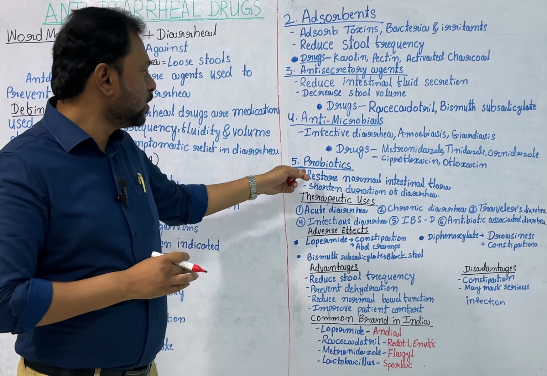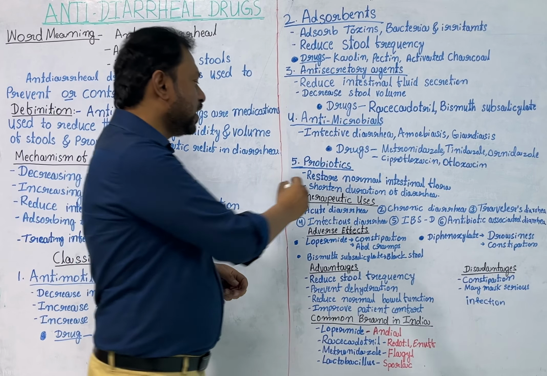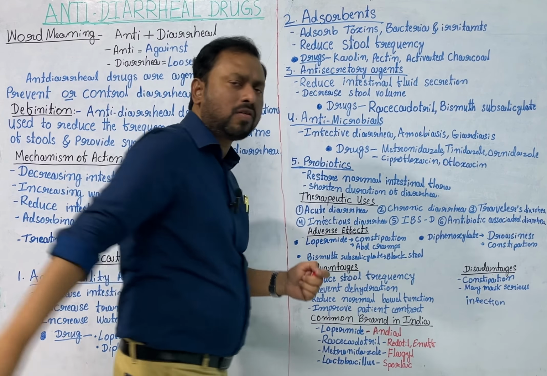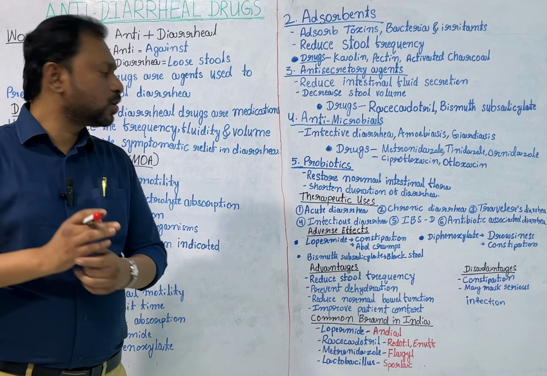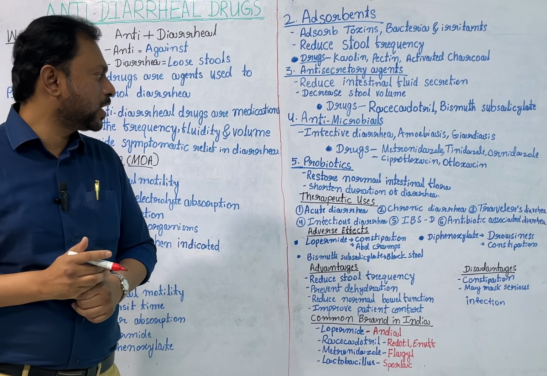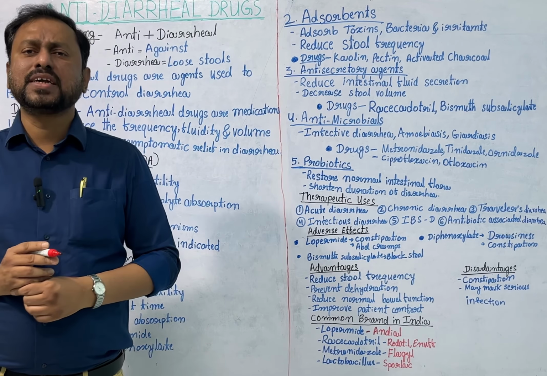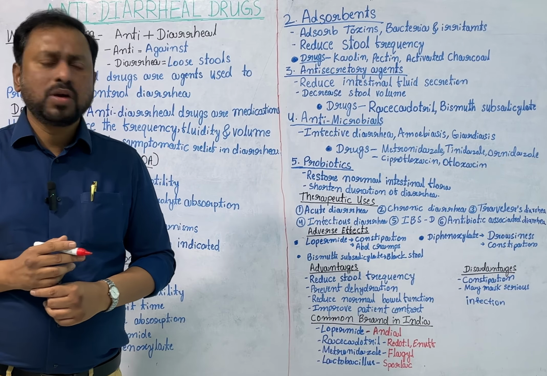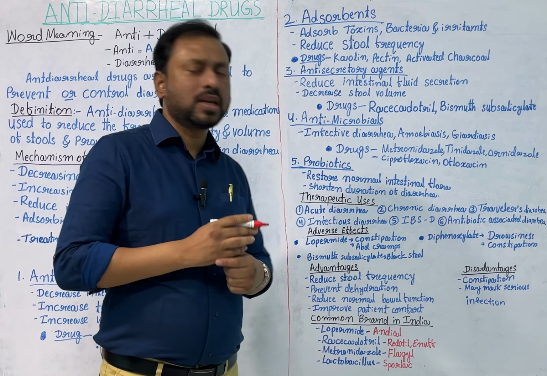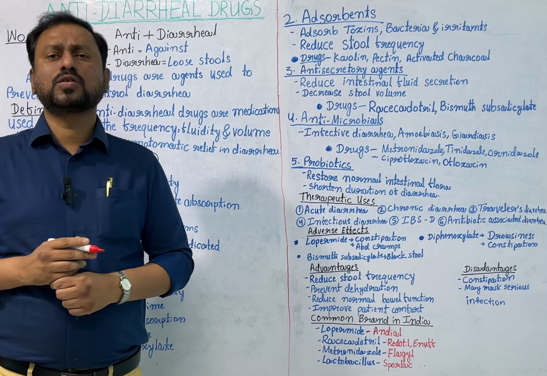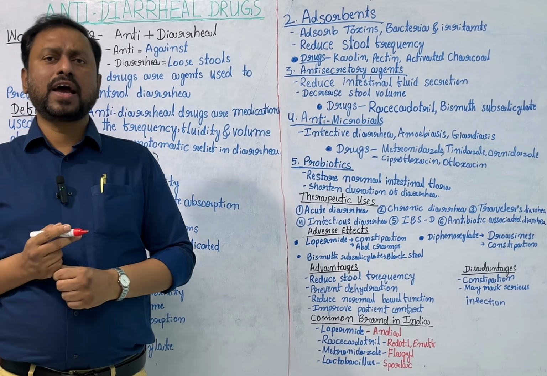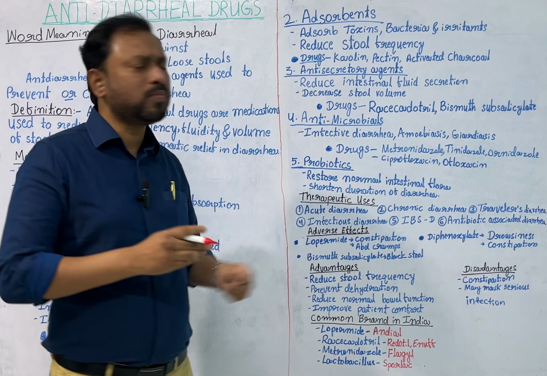This is also one of the anti-diarrheal drugs, and it acts to shorten the duration of the diarrhea. This comes under the probiotic. Very famous common brands, you may have heard, are Lactobacillus, Sporolac tablet or Sporolac sachet, as well as Derolac sachet. These come under the probiotic.